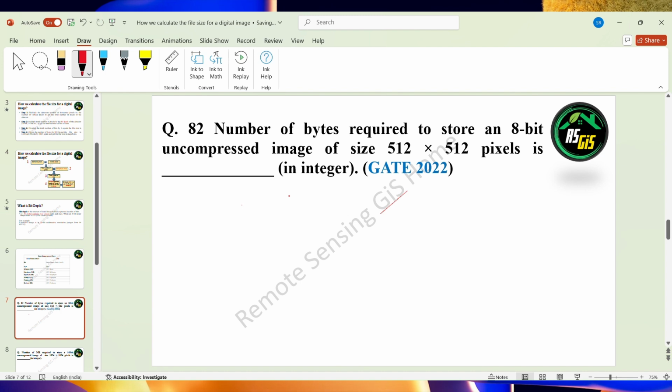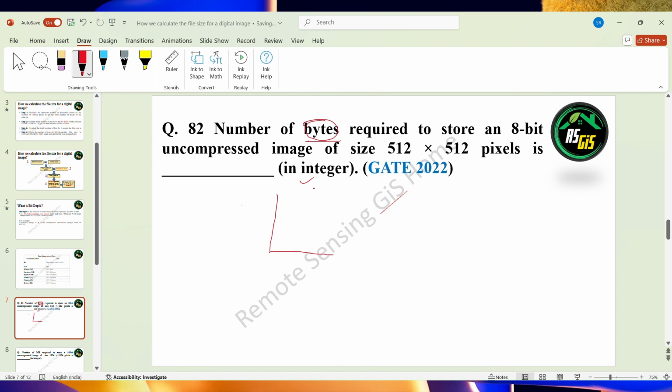In both the vertical and horizontal directions, they are talking about 512 by 512 pixels. They need the values in bytes, and we can write the answer in integer form.